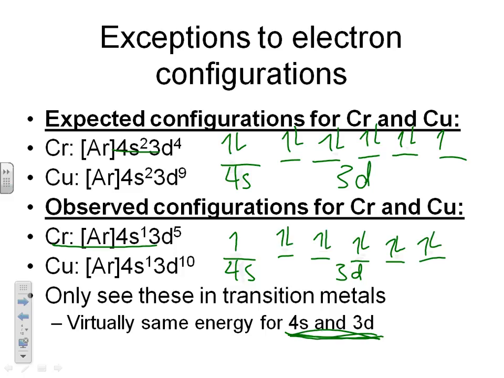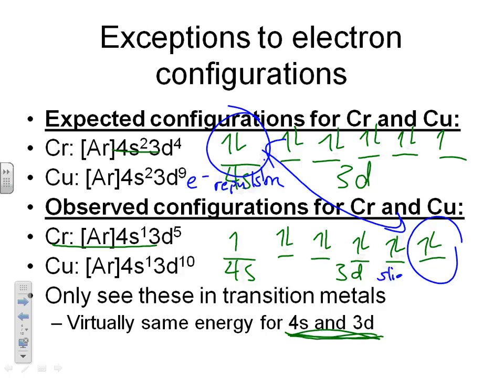We'd rather have that electron repulsion be in 3d instead of having it in 4s. And I think part of the theory for why this happens, and it is a theory, people are trying to look at this, is that we will get slightly less repulsion in the 3d sublevel due to the different shapes that the orbitals can have.